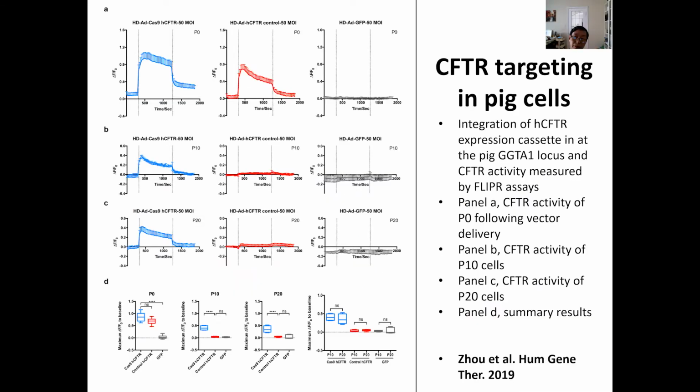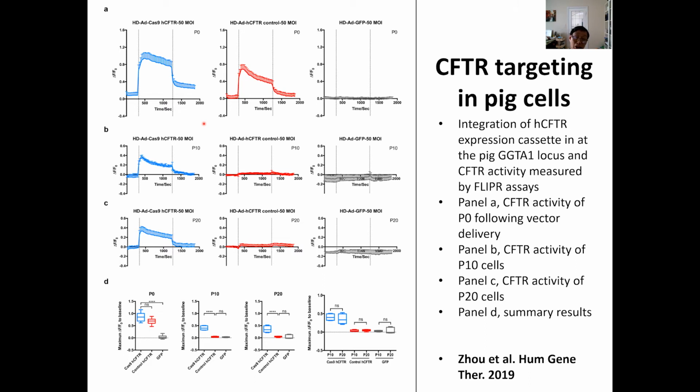In addition to our work in human cells, we created a CFTR pig knockout cell, and we confirmed our results in pig cells. We don't have time to show you everything, so I will show just one slide. This is a flip assay to measure the CFTR activity of the cells following vector transduction.